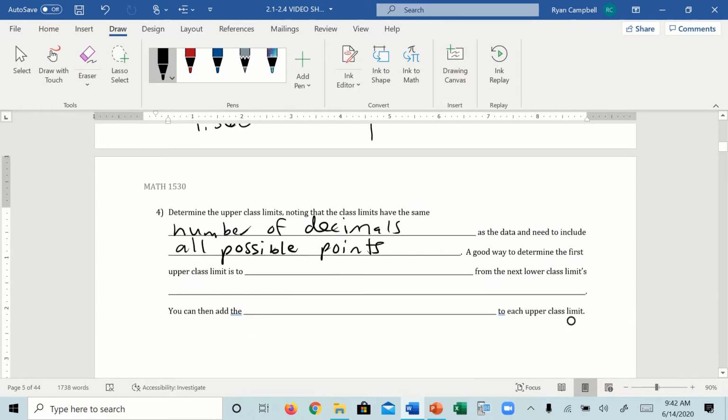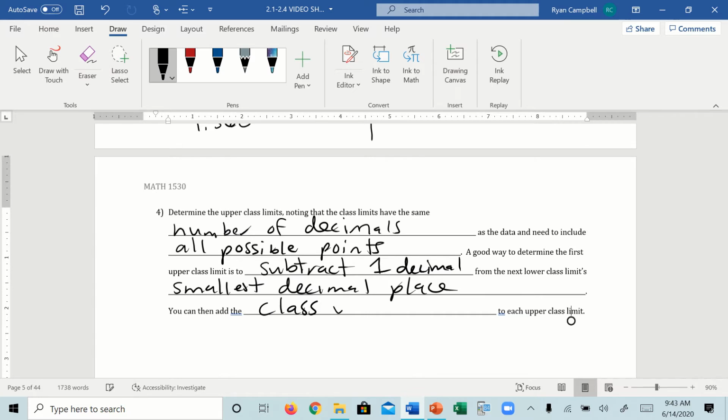A good way to determine the first upper class limit is to subtract 1 from the smallest decimal place of the next lower class limit. And then after that, we can just add the class width to each of the upper class limits.